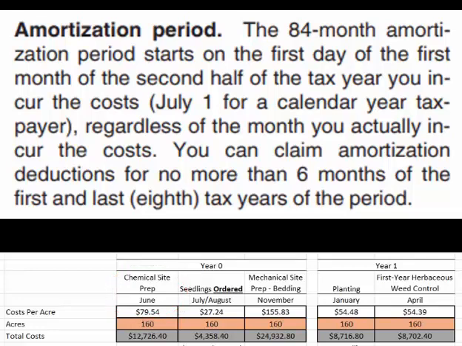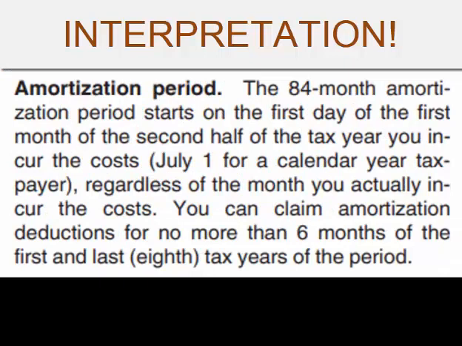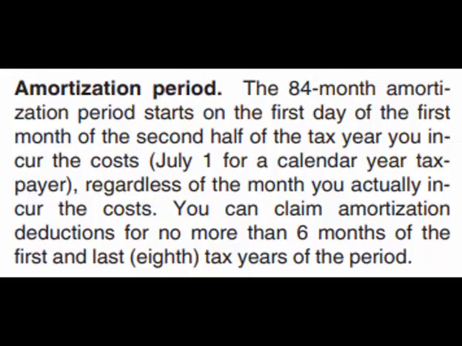Well, yes, and my interpretation of this statement is, even though the chemical site preparation treatment was conducted in June, if all of its costs cannot be deducted, then it has to be amortized, and the 84-month period will start July 1st of tax year 0, even though the treatment was conducted in June.